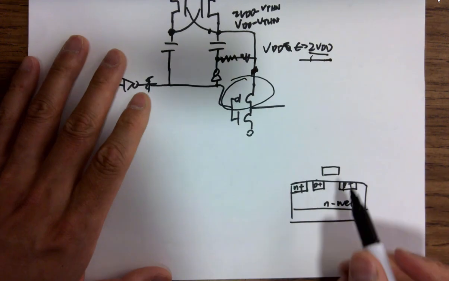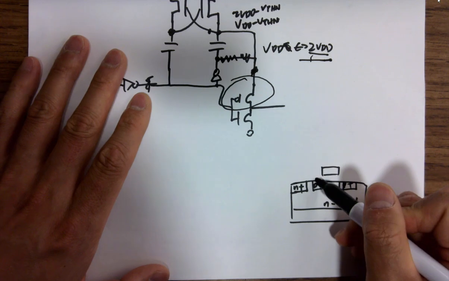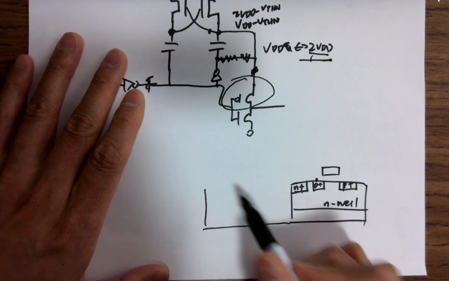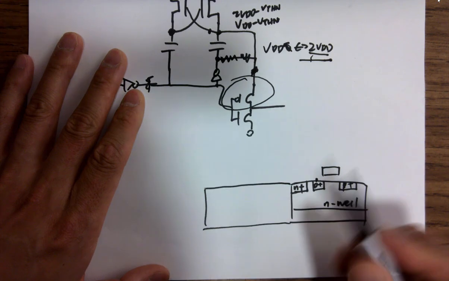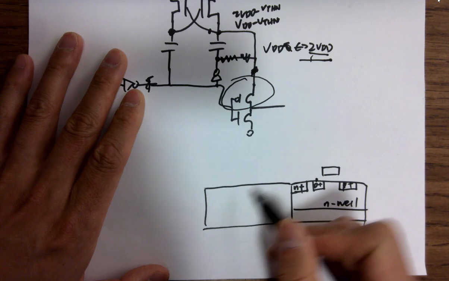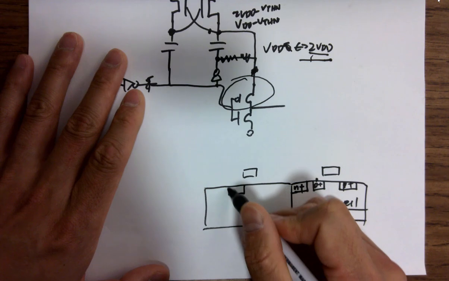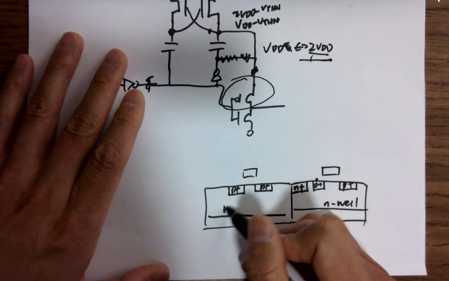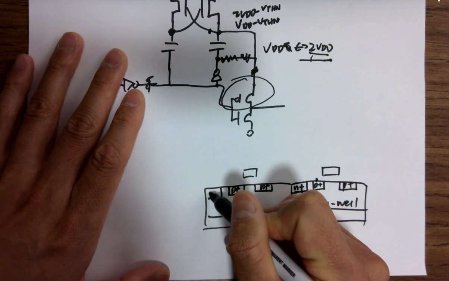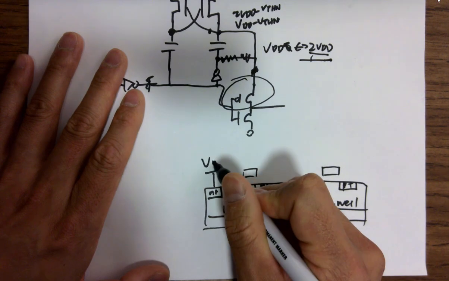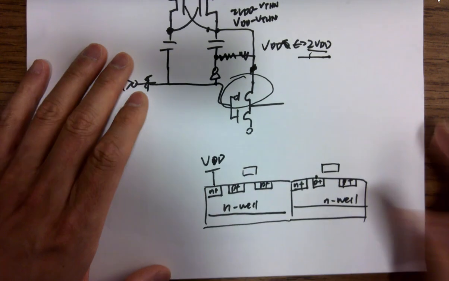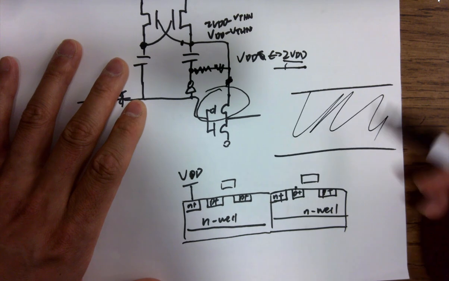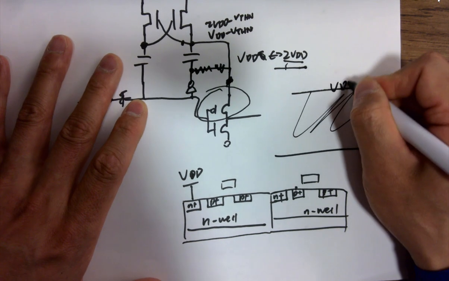The reason for that is, for other PMOS transistors, their N plus are shorted to VDD. Remember when you design the layouts, you have a lot of things inside, and all these N wells are shorted to VDD.